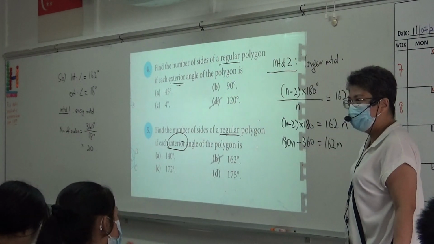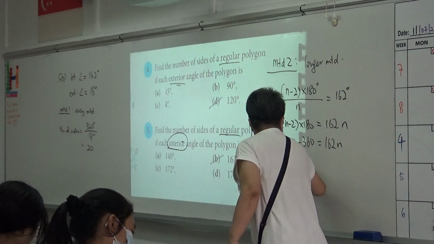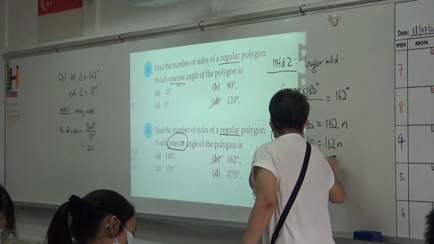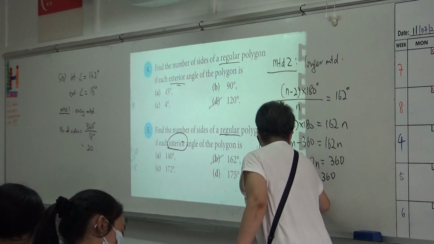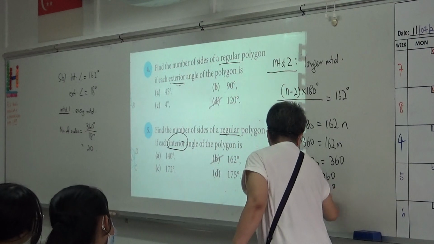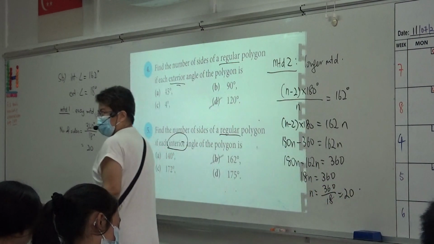Now, can you see I have formed an equation? So, 180n minus 162n is equal to 360. 18n is 360. n is 360 over 18. The answer will still be 20.